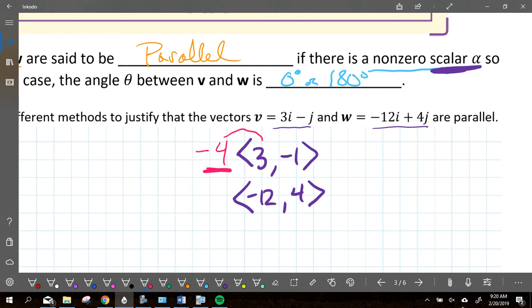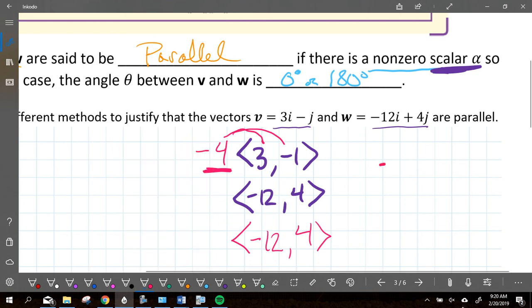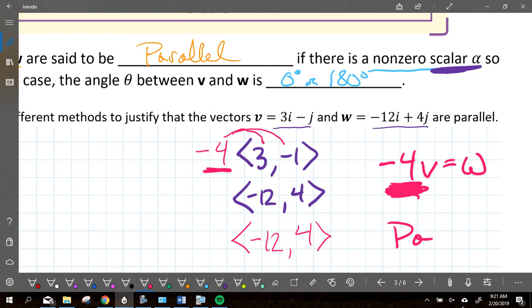If I multiply the top vector by negative 4, I get the vector negative 12, positive 4. Yeah, they're the same. Here's what you need to show that they're parallel. You need to show that negative 4 v is exactly the same as w. If you can multiply by some non-zero scalar and be equal to each other, then they're going to be parallel. So these two things are parallel.